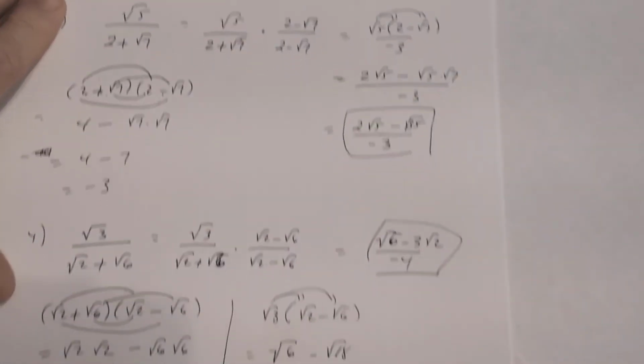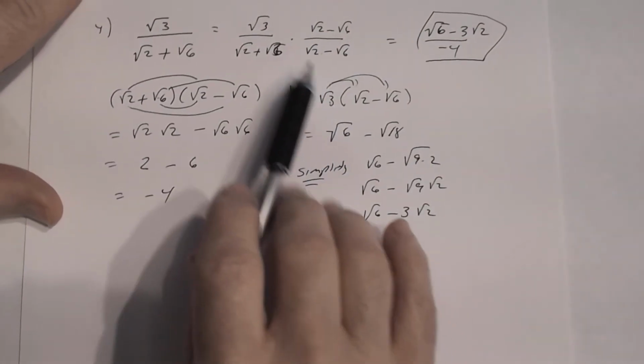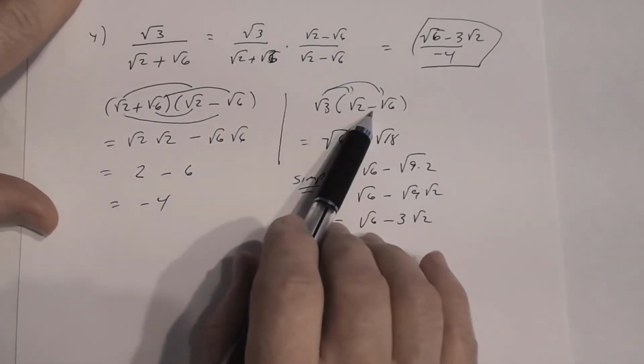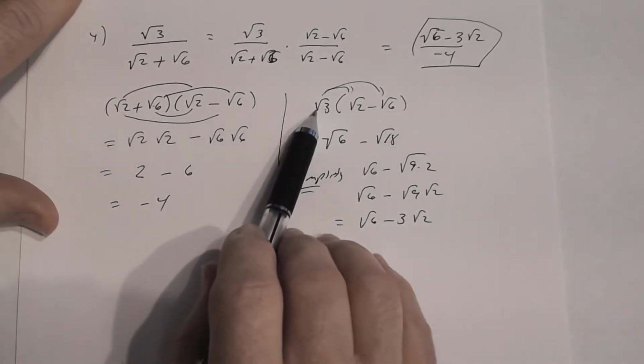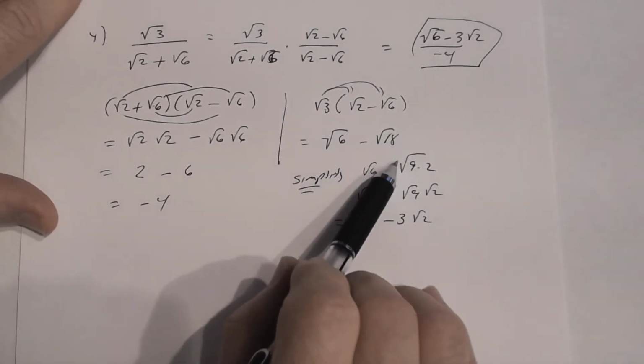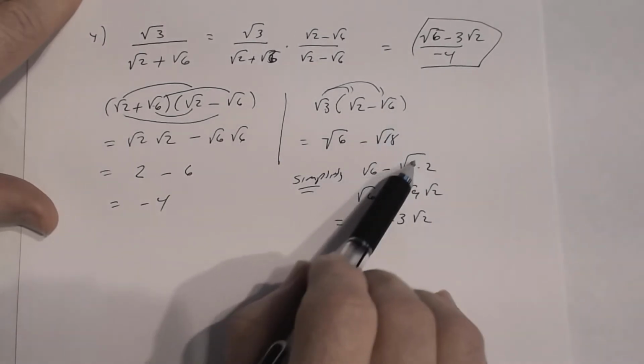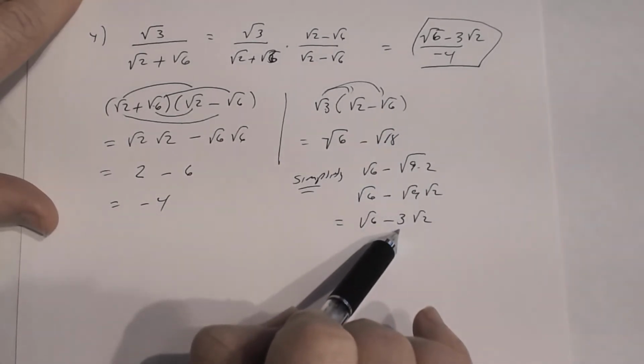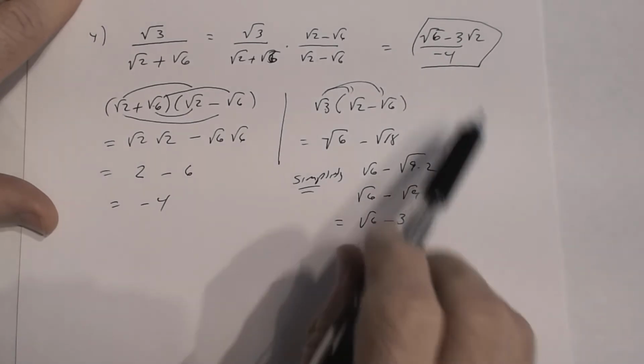When I got to this point here, and I multiplied the numerators using the distributive property, the square root of 3 times square root of 2 is square root of 6, square root of 3 times square root of 6 is square root of 18, and I notice I can still simplify the square root of 18, just like I've done before. So now this is your numerator.